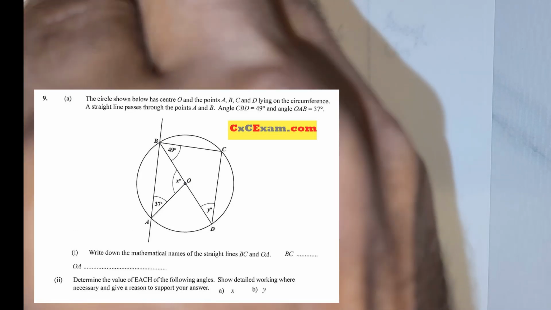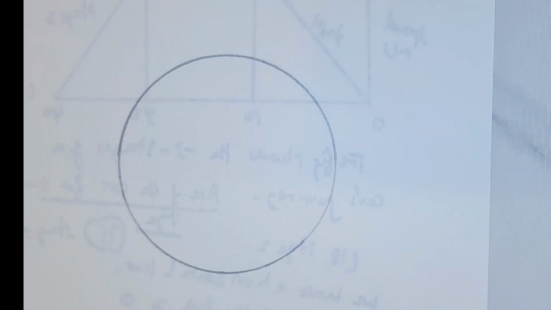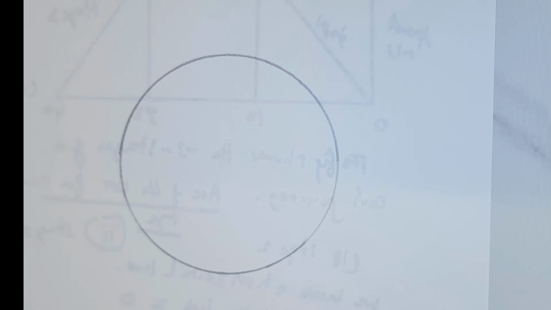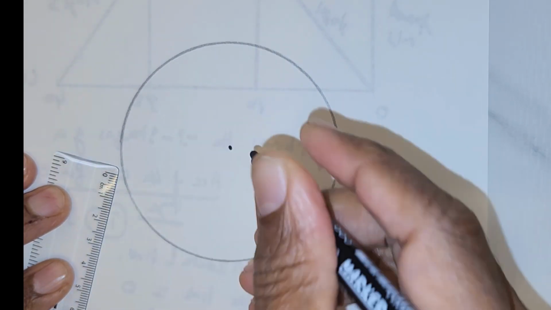The next question, question number 9. Let me draw the circle. Okay. Now I need to mention these points.